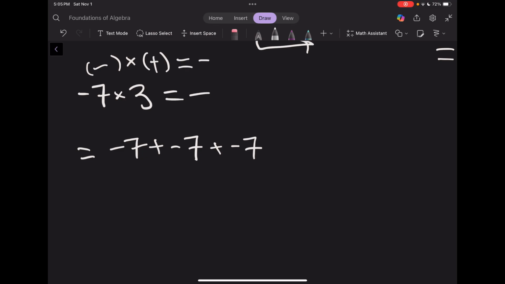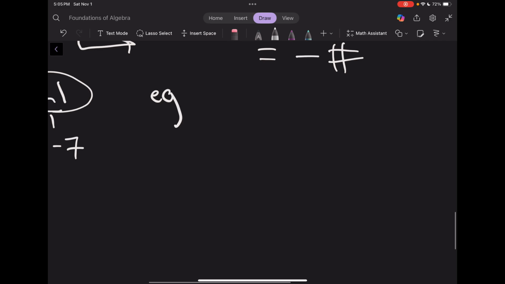So I'm going to put that negative sign there right away so I don't forget. Because then I don't have to worry about it anymore, I can just do 7 times 3, which is 21. And boom, my answer is going to be negative 21.